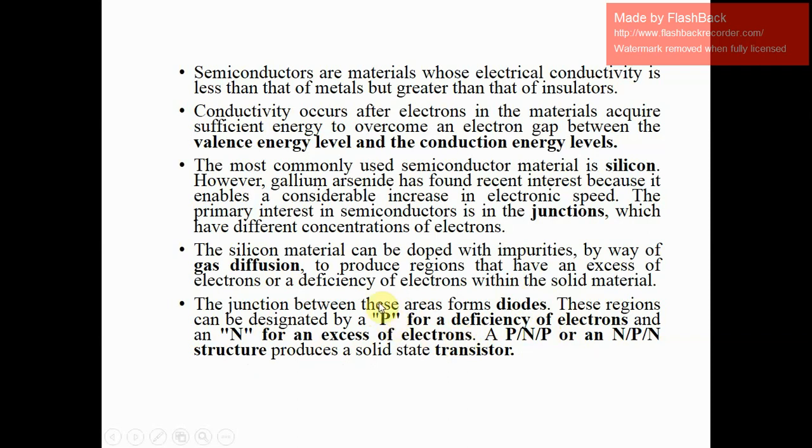So P means there is hole conductivity, and N means electron conductivity is there. So a PNP or an NPN structure produces a solid state transistor. So the devices basically are the diodes and transistors, by which there are numerous applications of semiconductors.